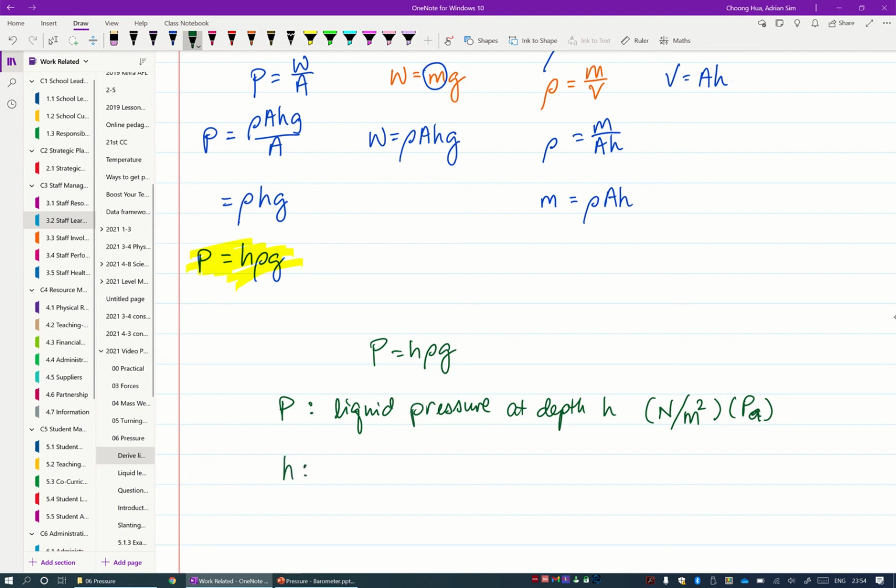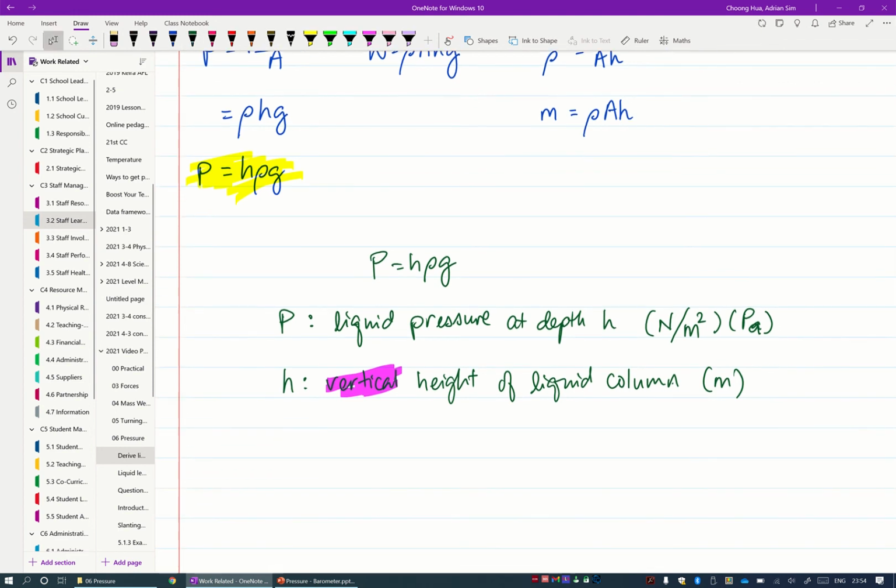Okay, h refers to the vertical height of liquid column, and the SI unit is meters. Note the emphasis on this word, vertical height. So when I mention vertical height, it means it has to be perpendicular to the surface.